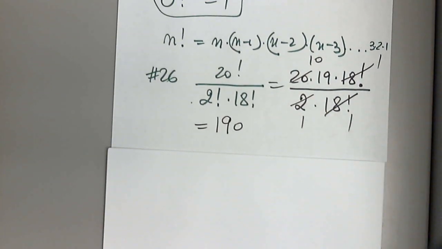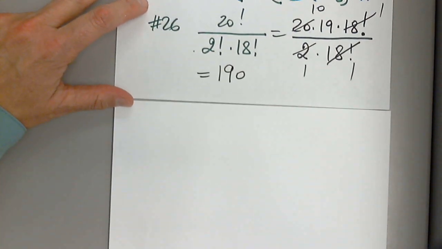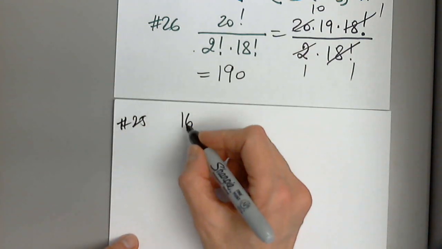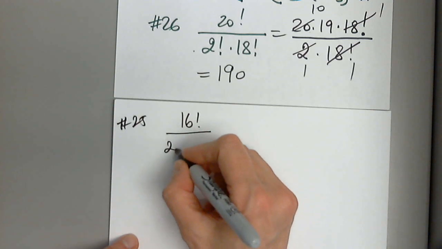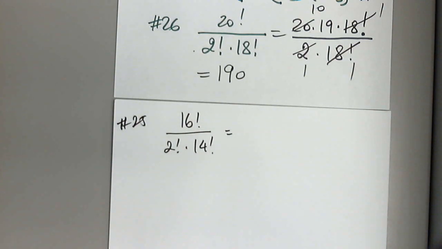Okay, let's look at one more, and then we'll do an example with the graphing calculator. This is problem 25: 16 factorial over 2 factorial times 14 factorial. Very similar. What would you do? There is no point in putting this in the graphing calculator.